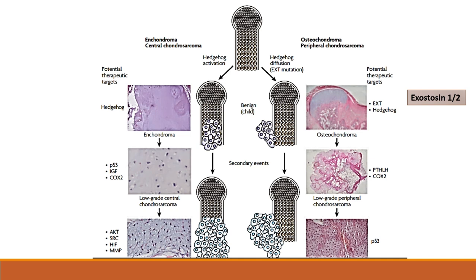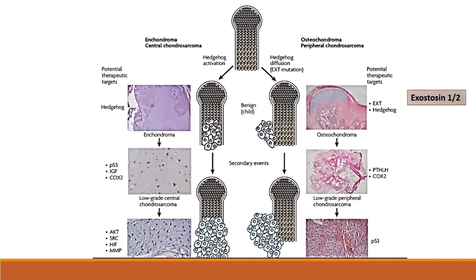So the feedback loop will not occur because the PTHLH secreted by the Indian hedgehog signaling will not act on these cells. So chondrocytic stoppage of differentiation will not be there. So the cartilage will go on growing like this. So we will find a cartilaginous island within the bone, and that forms the enchondromas.